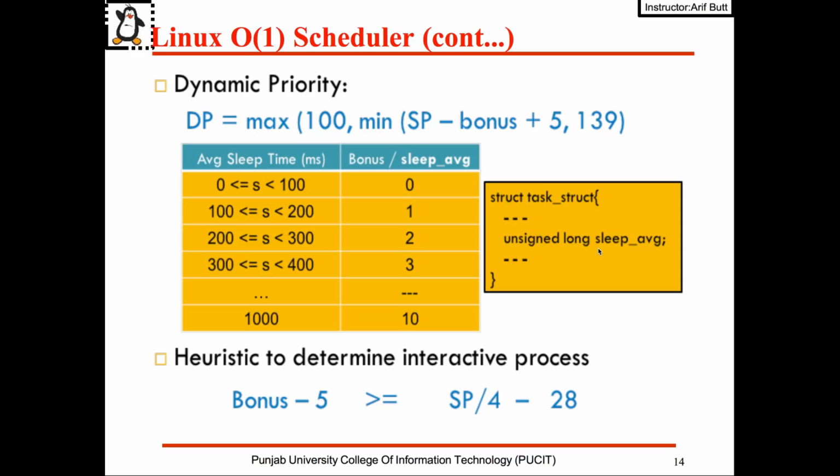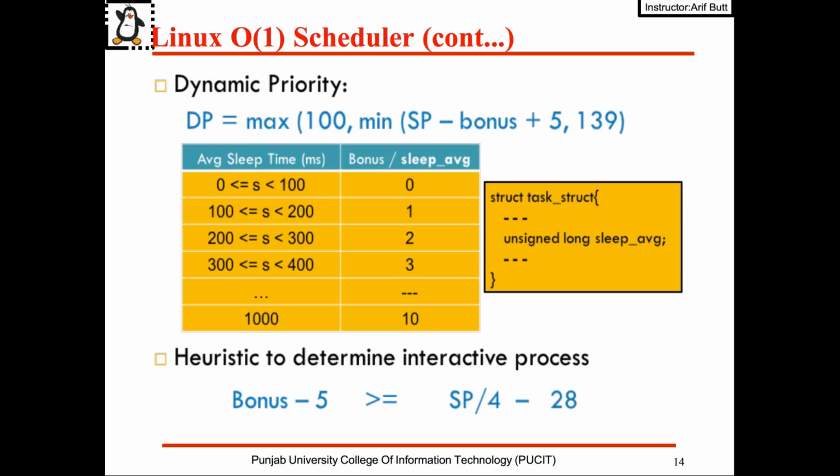For every time tick a process runs, this variable sleep_avg is decremented. And when a process becomes runnable after sleeping, it is incremented by how long it slept. I hope the concept of dynamic priority is clear to you all.